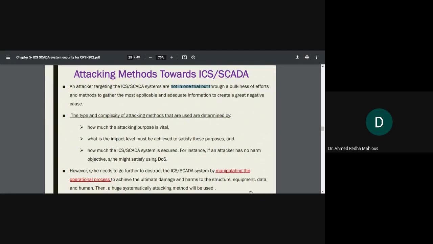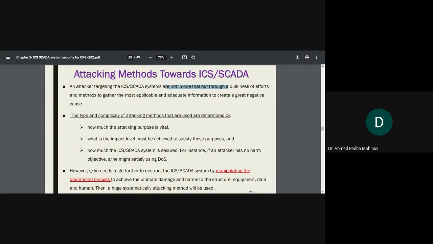That's why we said that the type and complexity of attacking methods is determined by how determined an attacker is to achieve his goal, and how vital the attacking purpose is. For instance, if someone just tried to access ICS SCADA, maybe he will do it once, not in many trials.